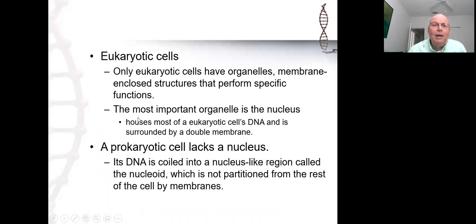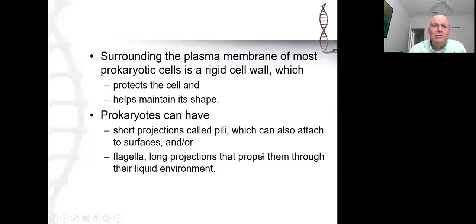So we've talked about these notions that the eukaryotic cell has internal compartments called organelles enclosed by membranes, the nucleus being the most obvious and the one that is clear when you look inside under the light microscope. Prokaryotic cell lacks a nucleus.